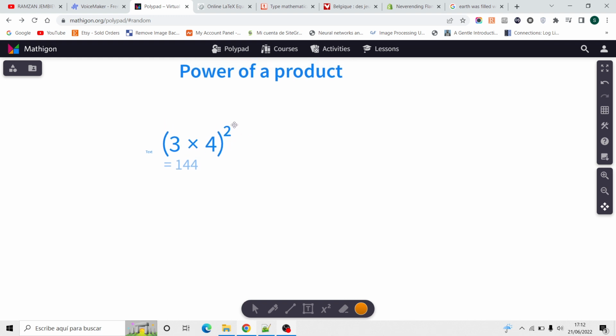What you do is that basically you distribute the power to each factor. Okay. So here it equals 3 to the exponent 2 times 4 to the exponent 2. Okay.